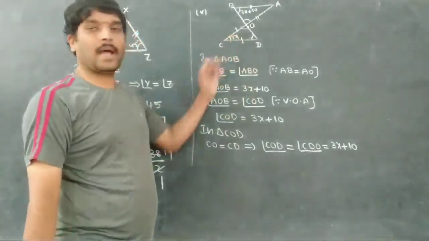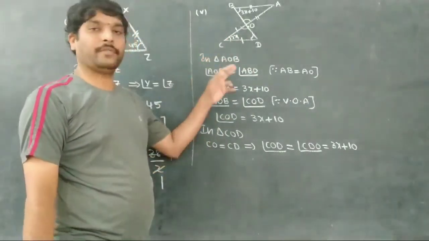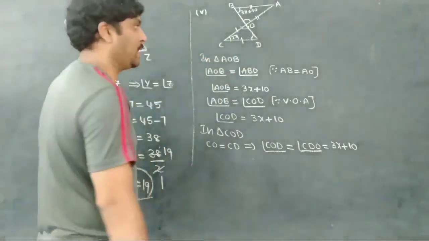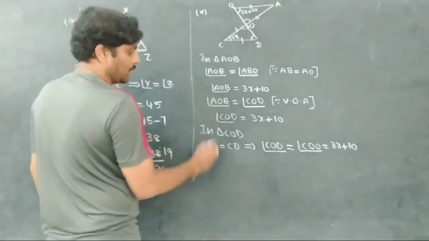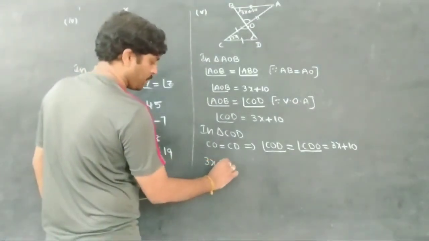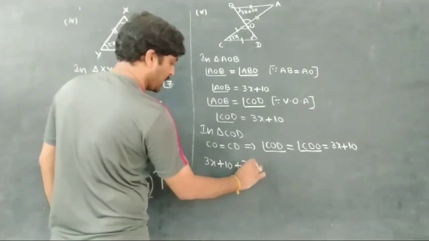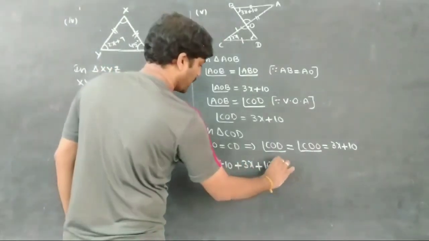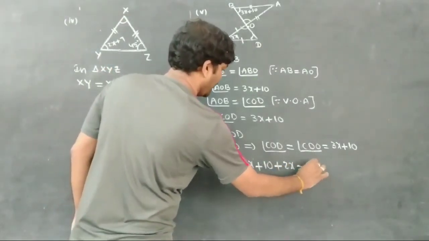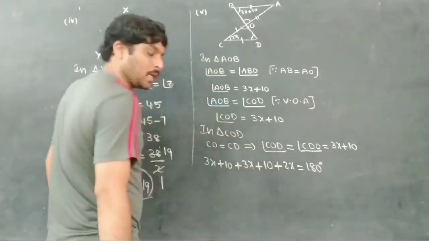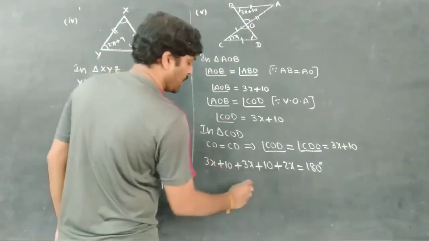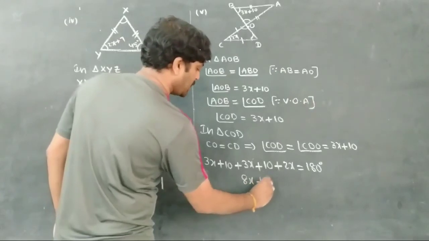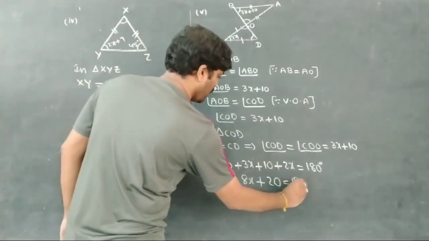Now it is a triangle. In the triangle, the sum of the three angles is 180 degrees. So now 3x plus 10, again 3x plus 10, plus 2x is equal to 180 degrees. Now 3x plus 3x is 6x, plus 2x is 8x, plus 20 is equal to 180.